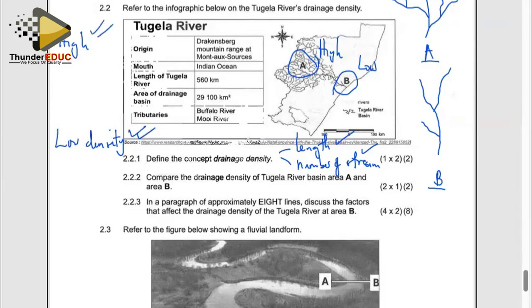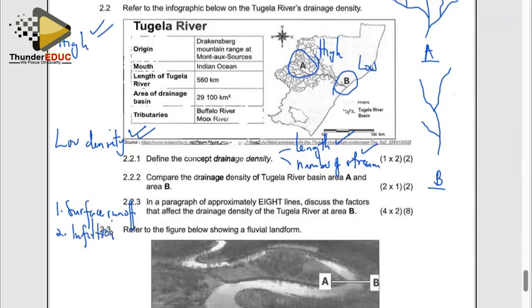I want us to distinguish between these two and explain what contributes towards high density and what contributes towards low density. Right. What you need to look at here, the factors that result in development of streams, they are mainly two factors there. Right. One, the amount of surface runoff, and number two, the level of infiltration.